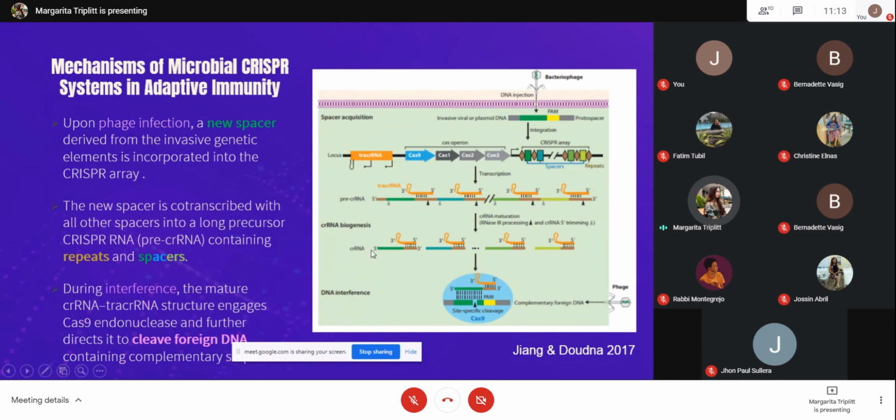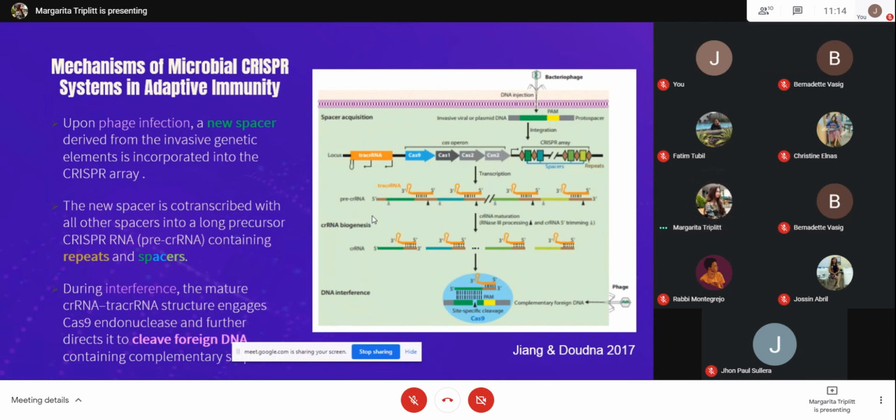So we have here the pre-crRNA, transcribed from the spacers in the CRISPR array, alongside the tracer RNA gene and the Cas genes.